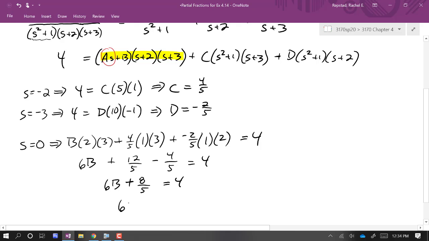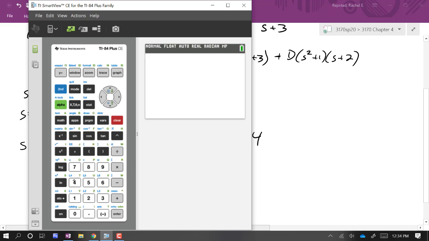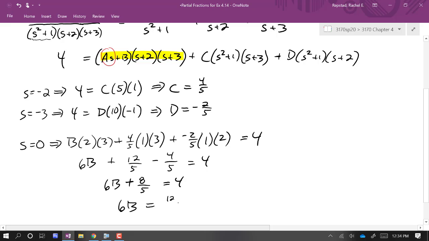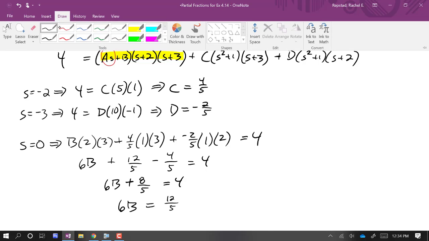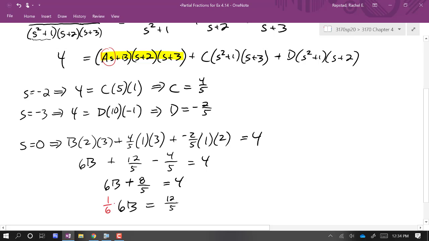That means that 6b is equal to 4 minus 8/5, which is 12/5. And if we divide by 6, or multiply by 1/6 on each side, 6 goes into 12 twice, so we get b is equal to 2/5.